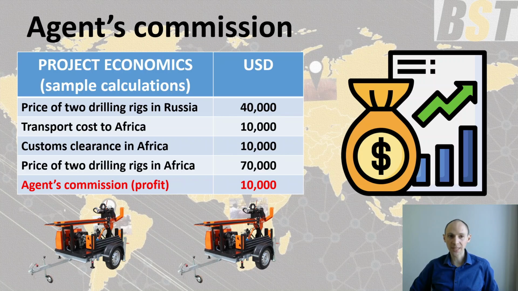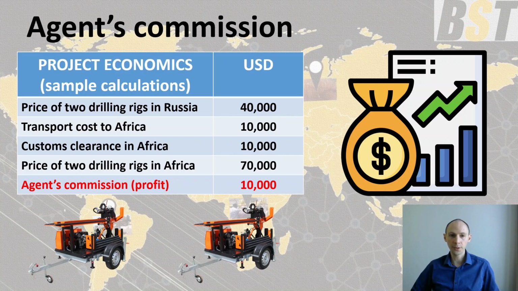And let us say that you set the local selling price in Africa for these 2 drilling rigs at $70,000. So it means $35,000 for each rig. Okay. As a result, when you sell these 2 drilling rigs at the price of $35,000 for each rig, your revenue from this deal will be $70,000.